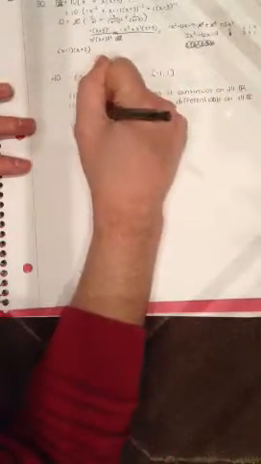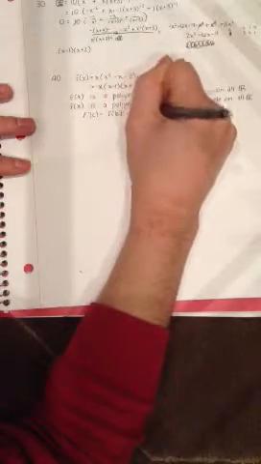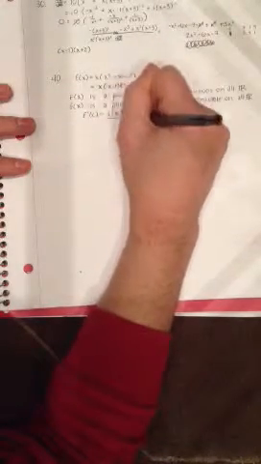So, because we can apply the mean value theorem, we need to find all values c in the open interval. So, the mean value theorem states that f prime of c equals f of b minus f of a all over b minus a. So, in order to use this, we need to find out what f of b is.